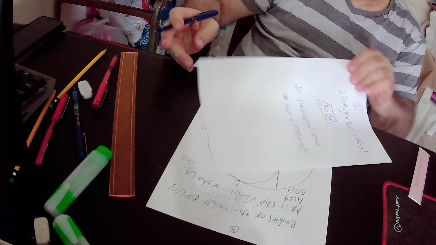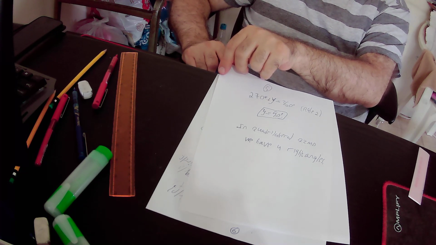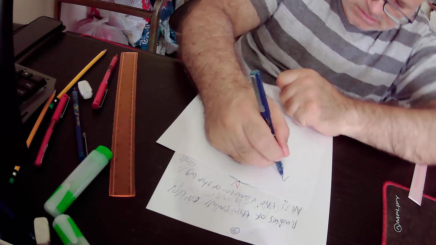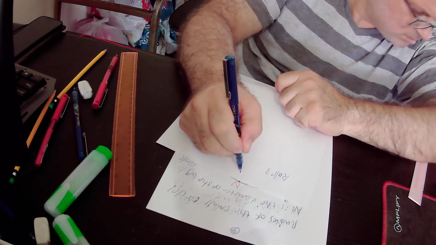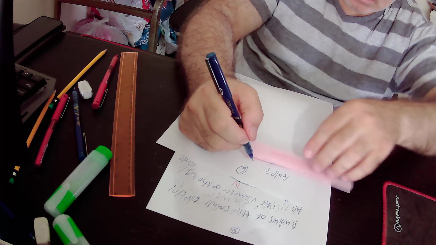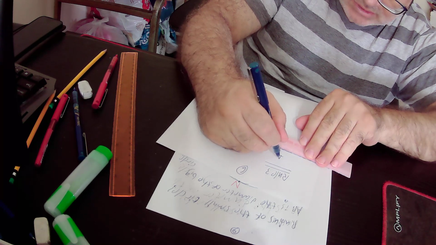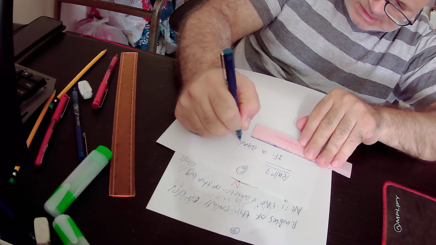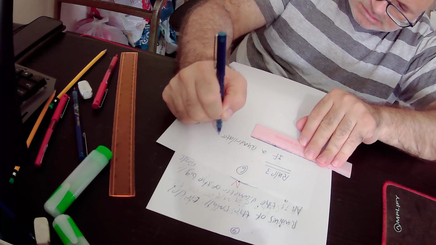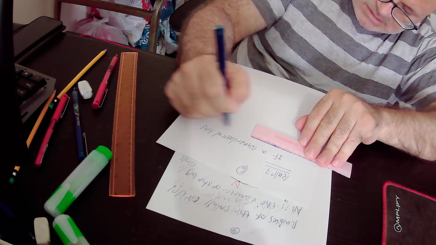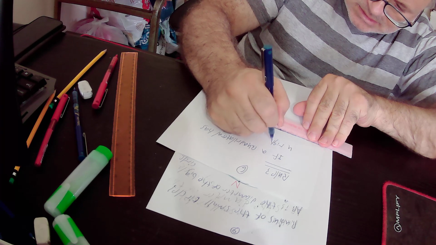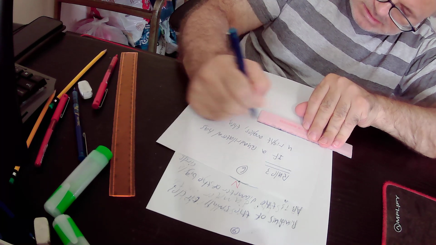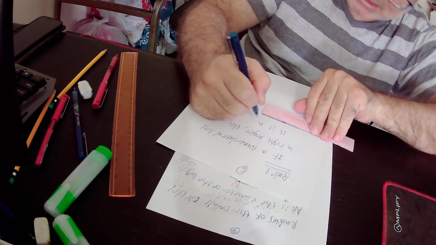Okay, we found out that in quadrilateral QZMD we have 4 right angles, and we have rule number 3 that states that if a quadrilateral has 4 right angles, then it is a rectangle.